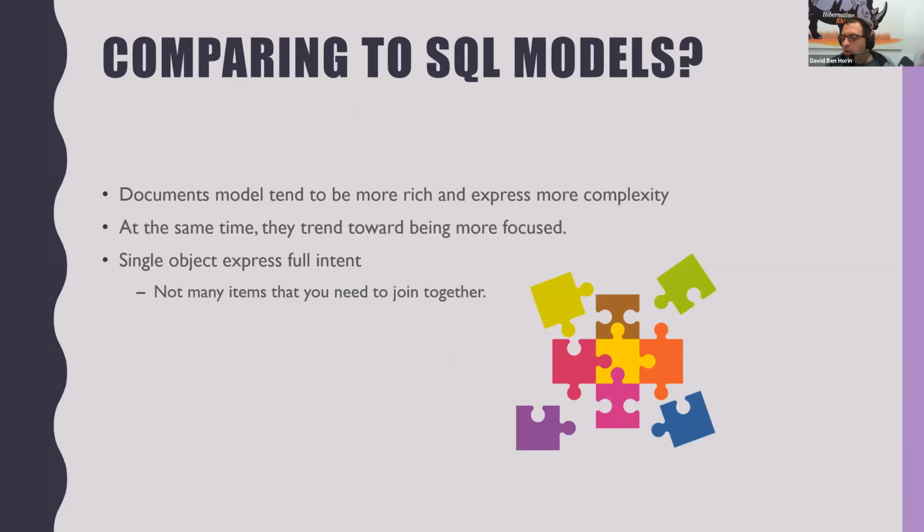Okay, so let's compare that to SQL model. And I think that I already spoke about the isolated, independent, and coherent. But I think that the main difference between them is that documents tend to be rich. They tend to be much more complex, much more expressive. And that's because you can do that.